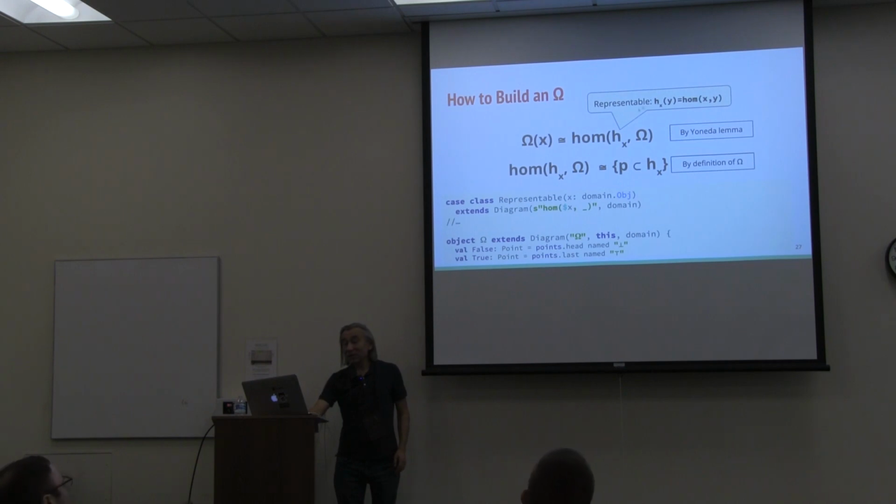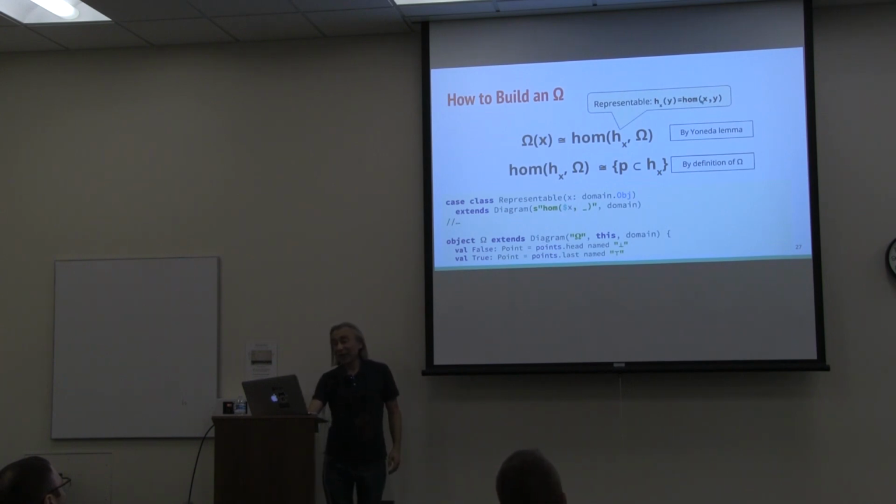And what is a representable? A representable functor, given a category C, not in sets but in category C, for an object X is just a hom, a set or collection of all arrows from X to Y. Given an X, we produce this representable functor that consists of arrows from X to Y. That's why a representable is defined like this.